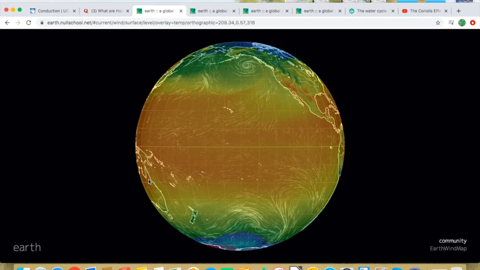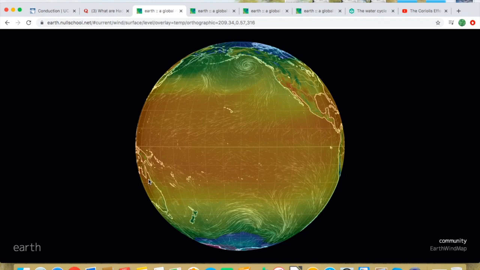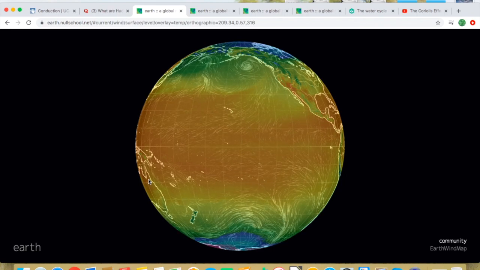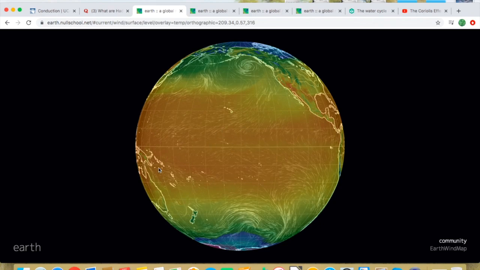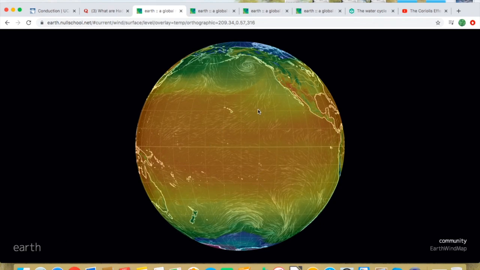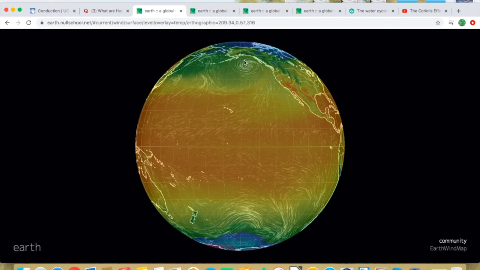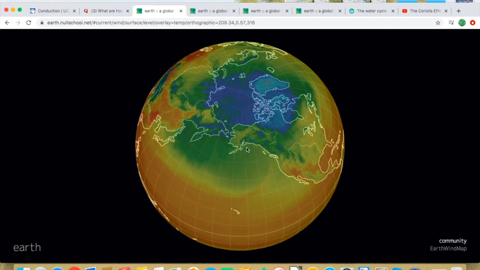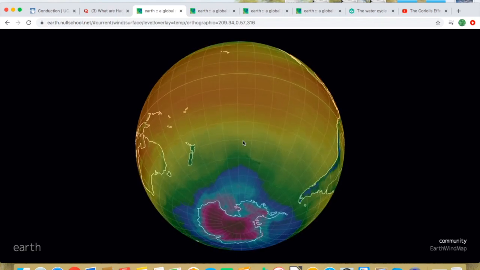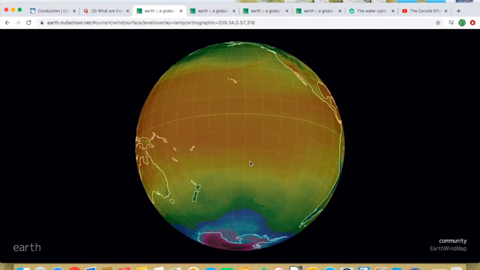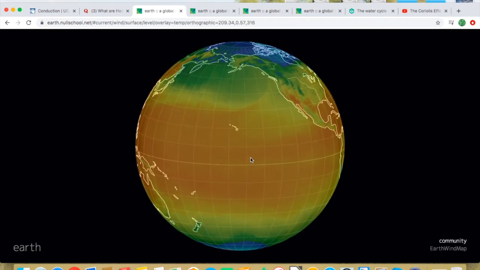Let's start by looking at some of the general patterns. The map right here is showing the pattern of temperature on the Earth's surface. The more red means the warmer, yellow is in between, green is really quite cold, and blue is the coldest, or actually I should say the coldest of the cold is purple. So that's your spectrum of colors right there.